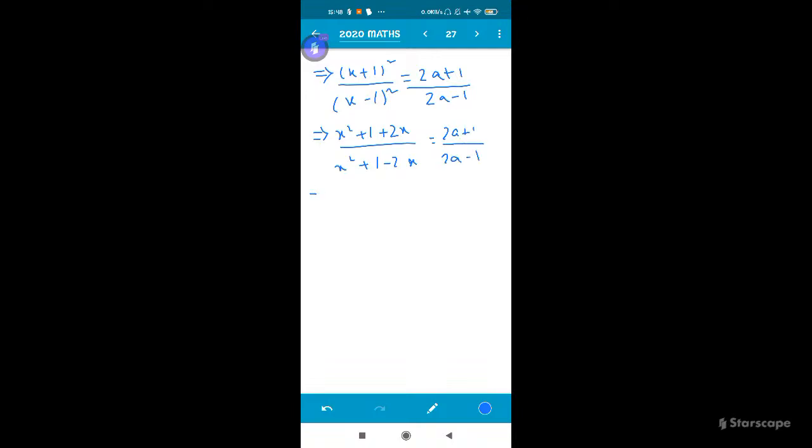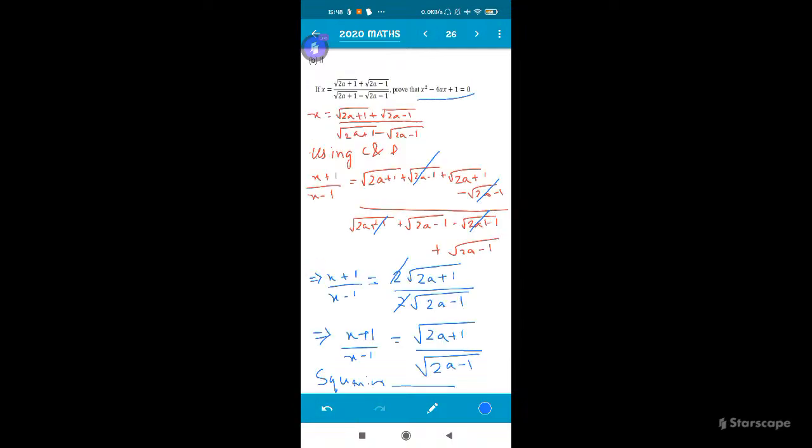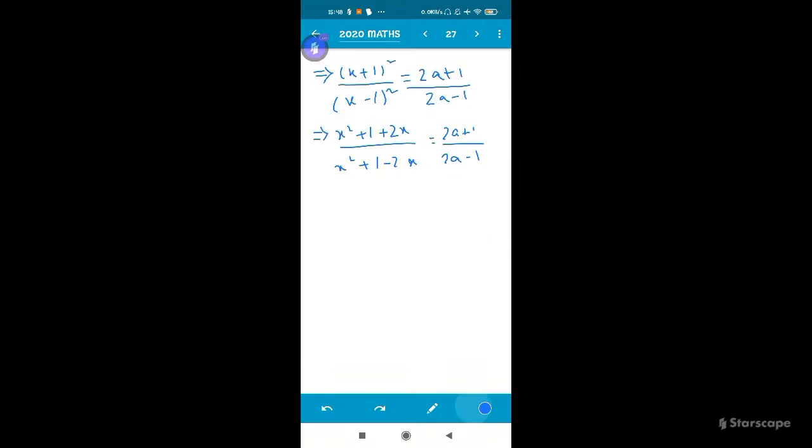So now we are going to use componendo and dividendo once again in order to find out this expression. So let's do it using componendo and dividendo.